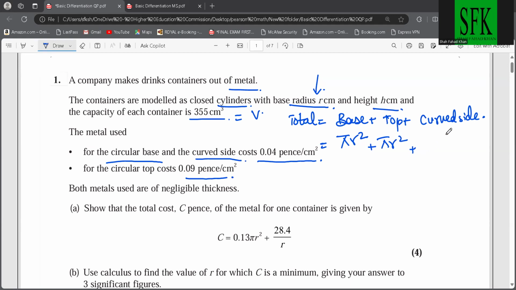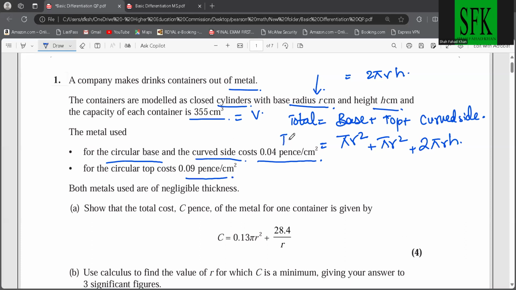And for the curved side, what's the surface area of a cylinder? The curved surface area of a cylinder has the formula 2 pi r h, where the height is h.